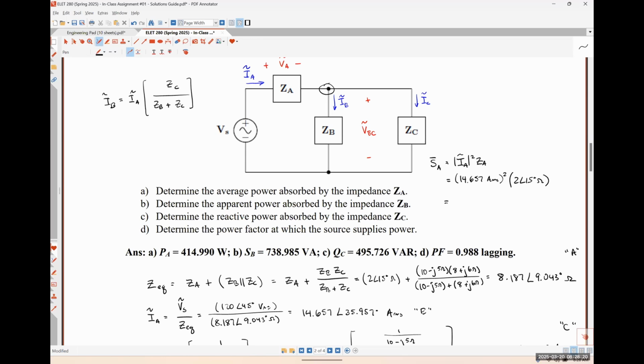Let's do polar form. All right. So 429.655 angle of 15 degrees volt amperes, that is exactly what I got.